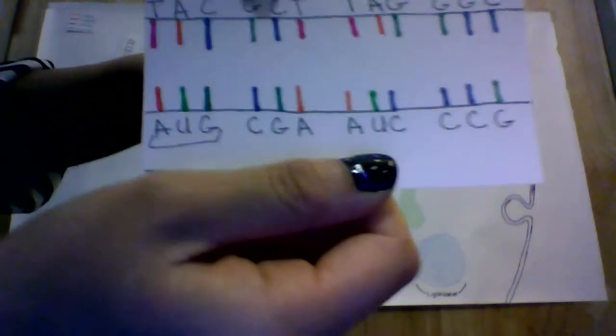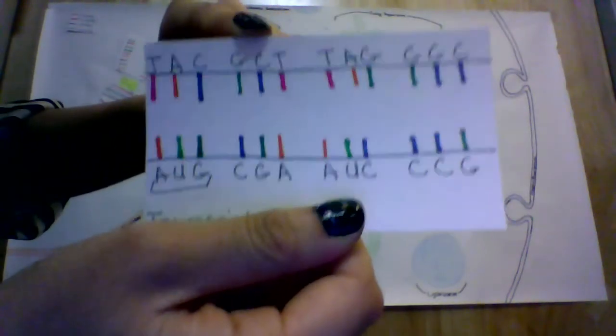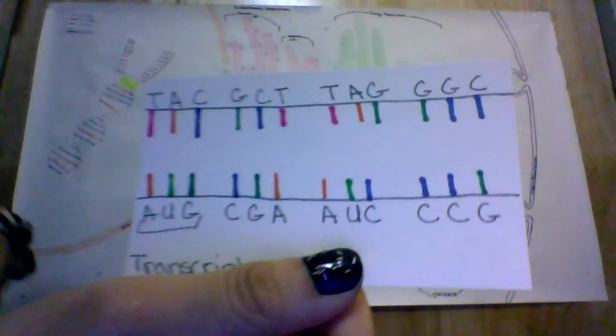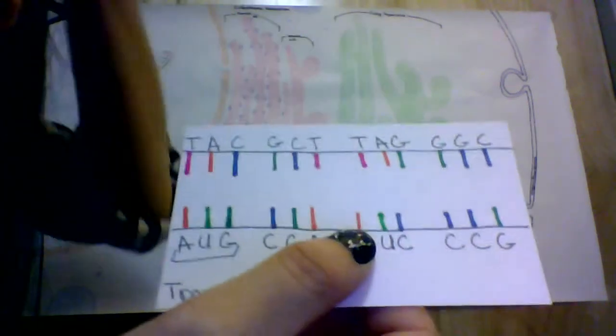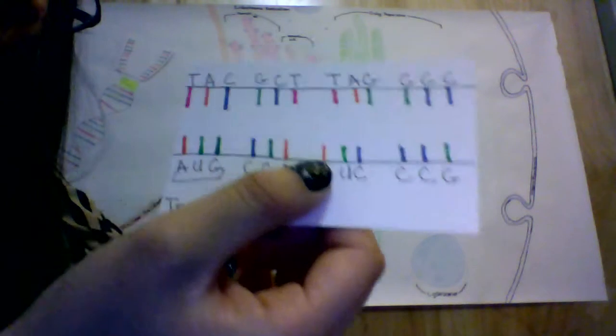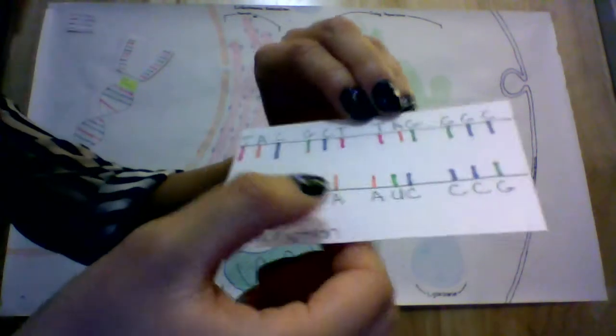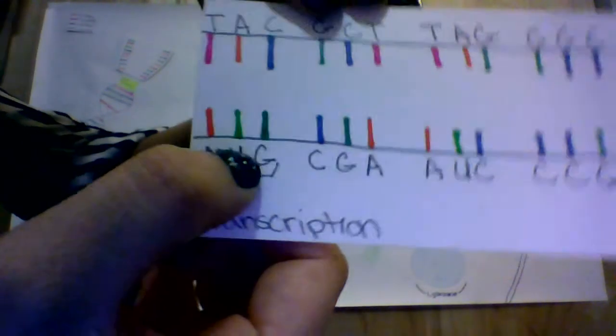And then this will then lead to transcription, where the DNA template, which is this top one right here, is copied into mRNA, which is this strand in the bottom, with the exception of uracil, which is right there.